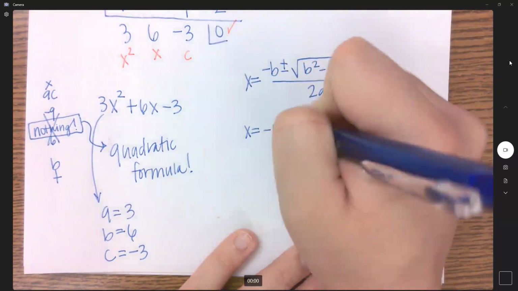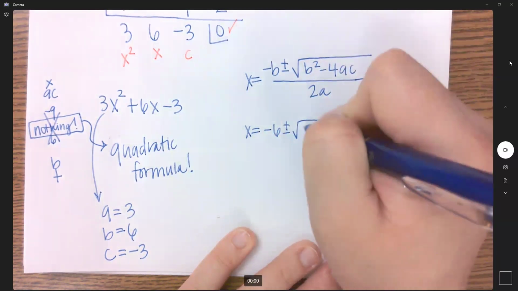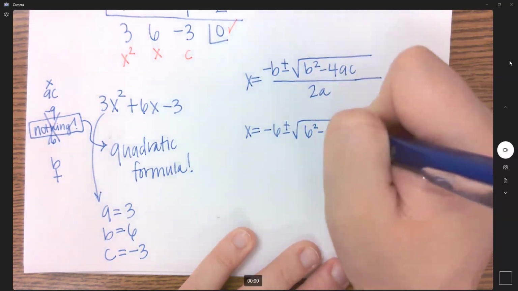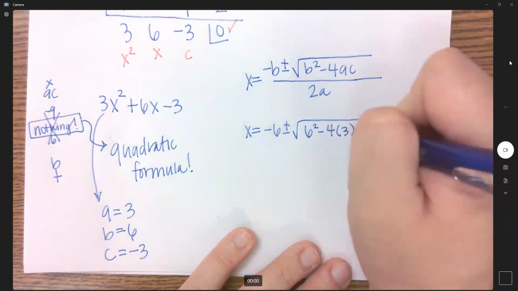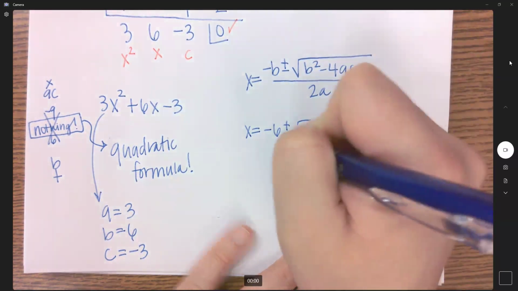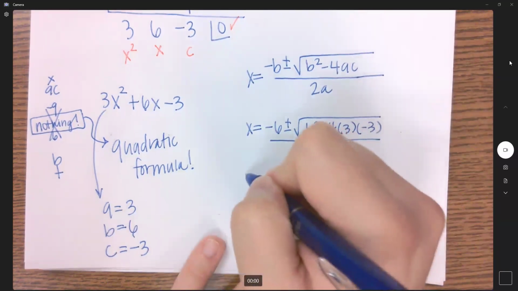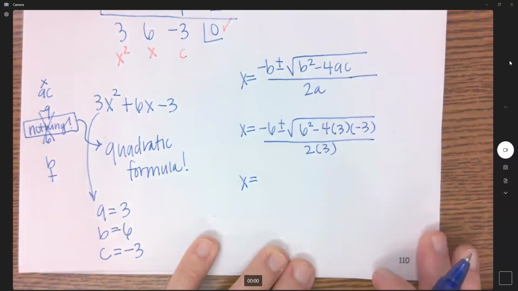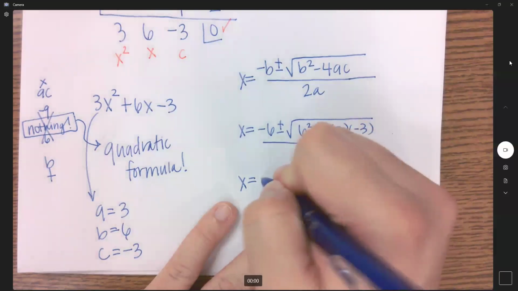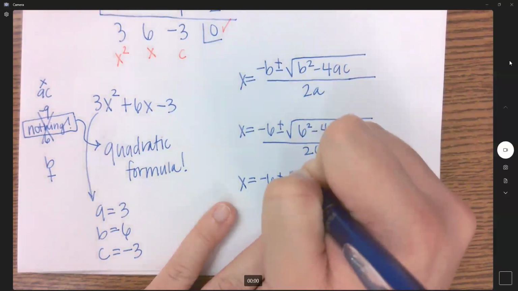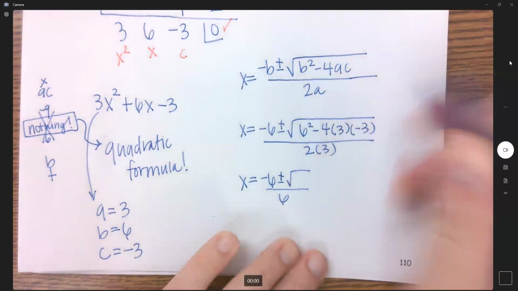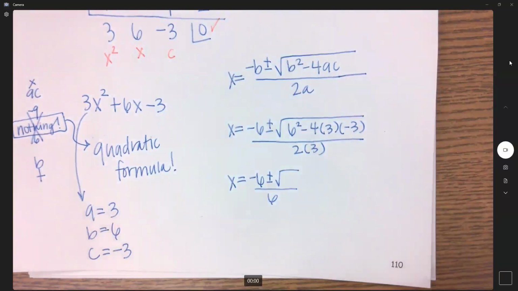You get -6 plus or minus the square root of 6 squared minus 4 times 3 times -3, all over 2 times 3. When I simplify this, we get -6 plus or minus the square root of something all over 6.